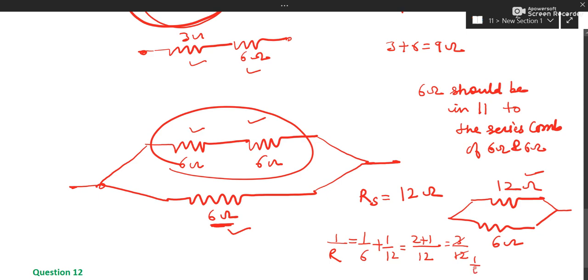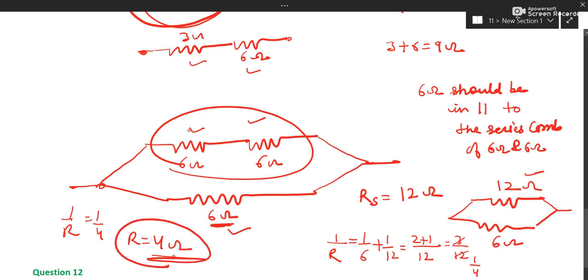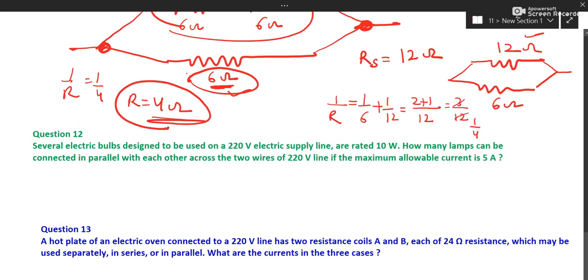So it is 1 by 4. You will reciprocate, 1 by R is equal to 1 by 4. So R is equal to 4 ohm. So in order to obtain 4 ohm, 2 should be connected in series and third should be connected in parallel to the series combination. Getting to the next.